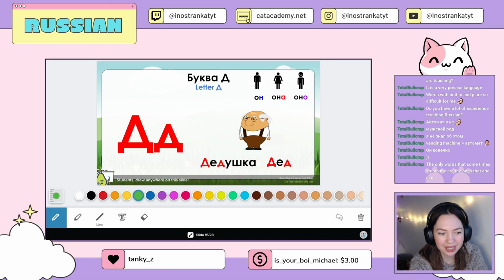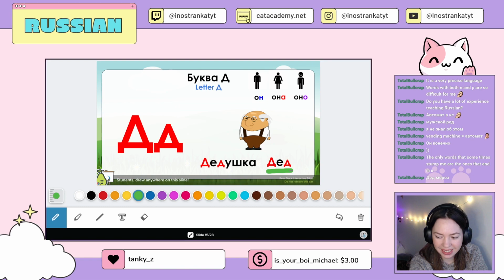It's a tricky one. Again, we learned last lesson that an old man is called дед. Ded. Yeah, exactly like Ded Moroz. But ded is a short form. The full form would be дедушка. Дедушка. Stressing the first syllable.